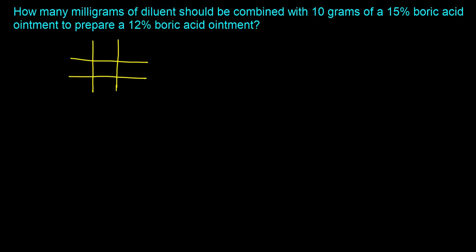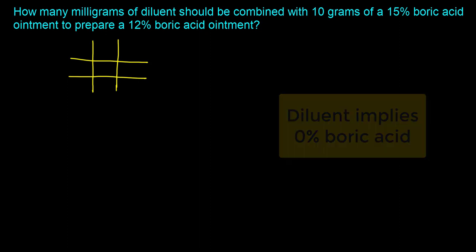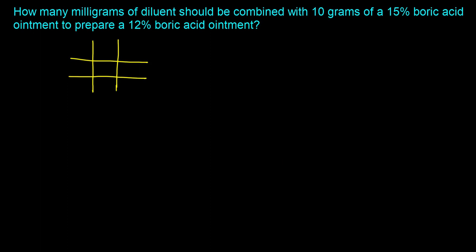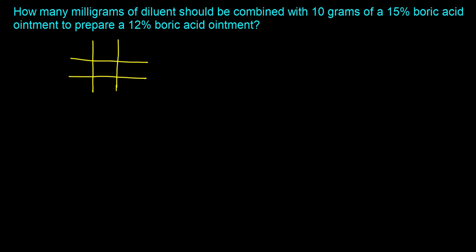Because it says diluent, it means your component has 0% of the boric acid in it. All these concentrations, the 12% and the 15%, refer to the amount of boric acid in a given amount of ointment. So when it says diluent here, it implies that you have 0% of the boric acid in that component. And so your third concentration here is 0.